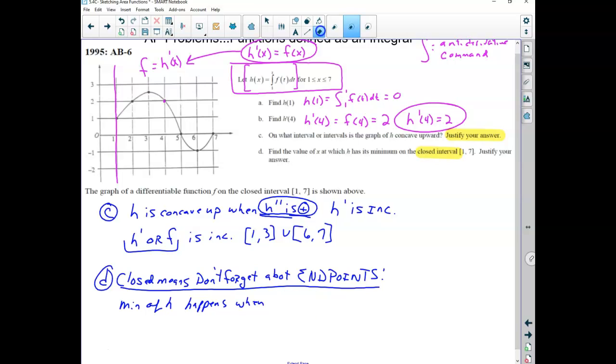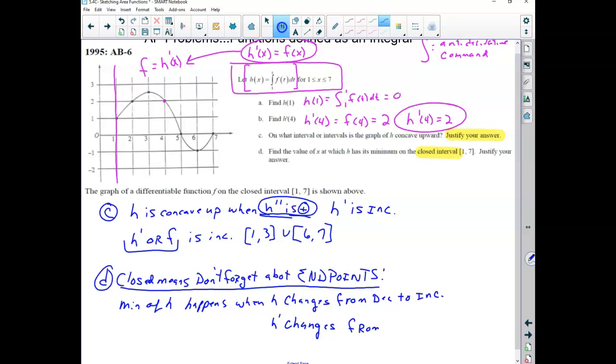Okay, so a minimum of h happens when h changes from decreasing to increasing, right? Well, that means h prime changes, well, if it's decreasing, changes from negative to positive. And don't forget, h prime equals f, that key to unlock things up there.